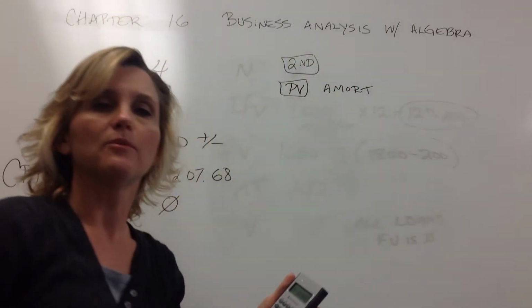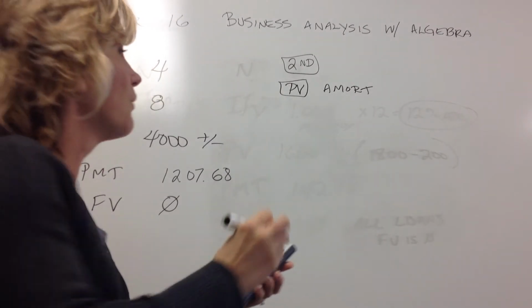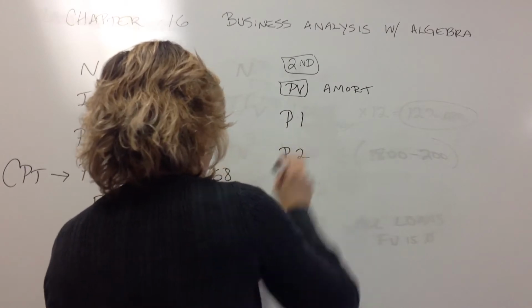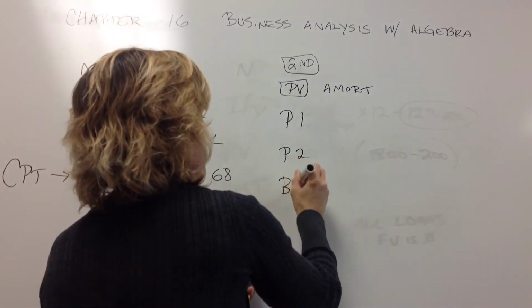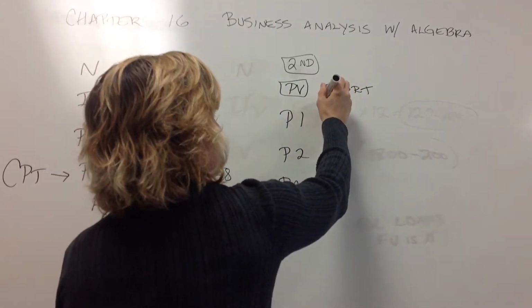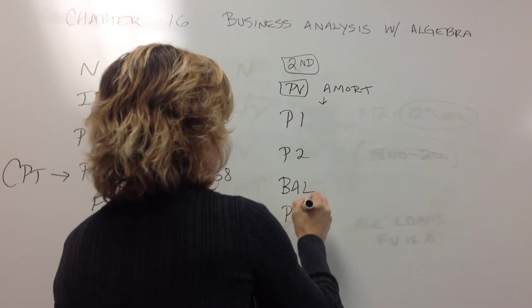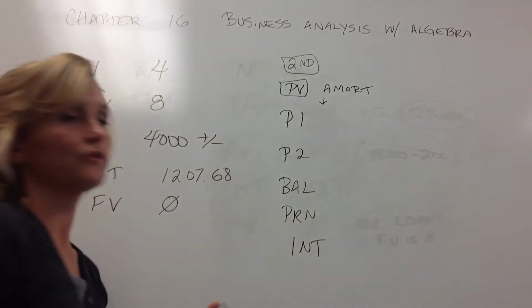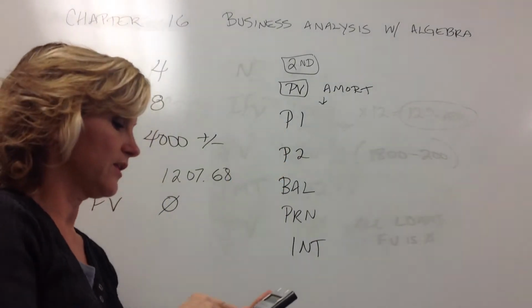So AMORT is above that PV key, and then that's what you're going to push. And once you're inside that function, you're going to have a series of fields that you can arrow through. So those are your 5 fields. These first 2 are the only ones that you enter anything into.